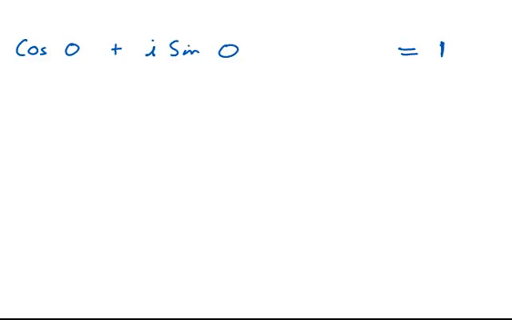Next thing, n equals 1. Z is going to equal the cos of 2 pi over 5 plus i sine 2 pi over 5. And that's it. There's nothing more to do as such.